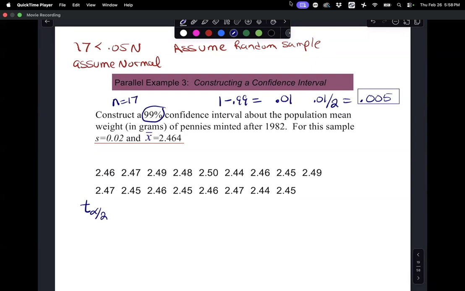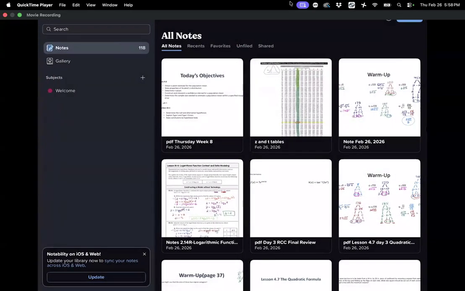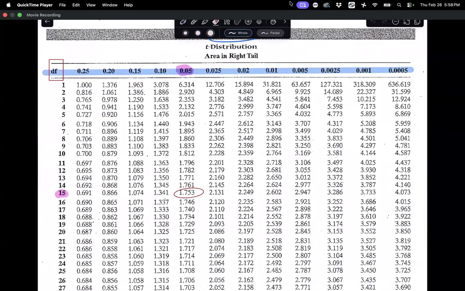So I'm going to pop back over to the table. We're using 0.005 because that's half of our alpha. So where is that? That's right here, 0.005. And we're going to use 1 less than our sample size.